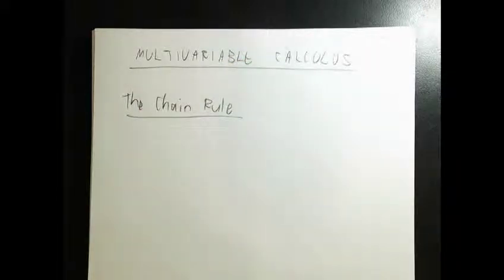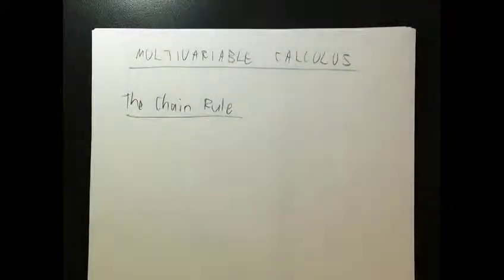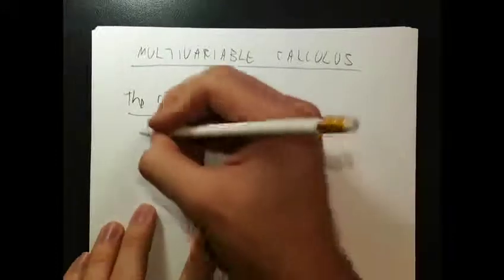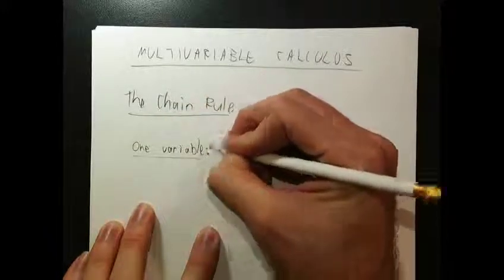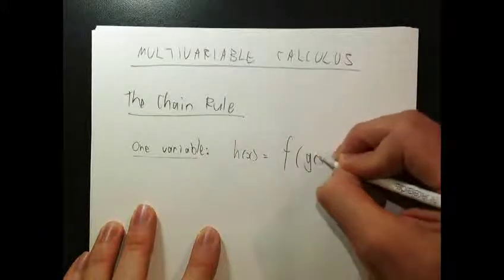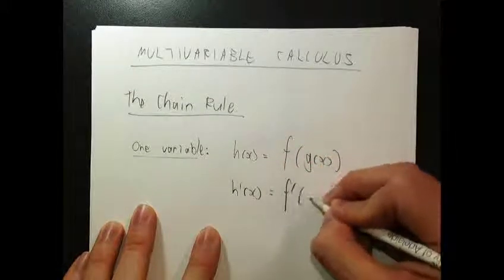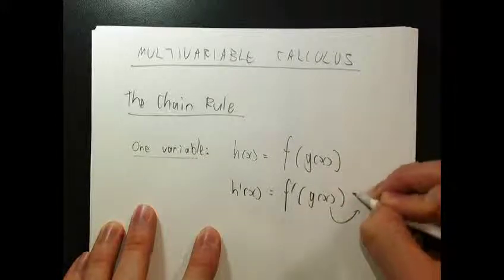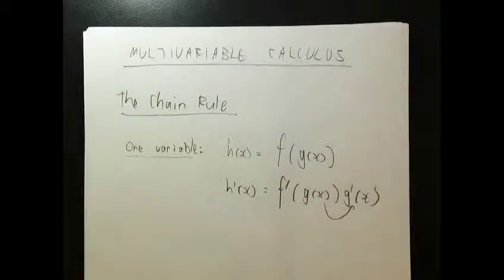When you first learn the chain rule, at least in maths, you probably learned it like this, where some function was f of g of x. And then when you differentiated it, you did the derivative of the outside, but you also had to multiply by the derivative of the inside. And that's probably what you did when you did one variable.